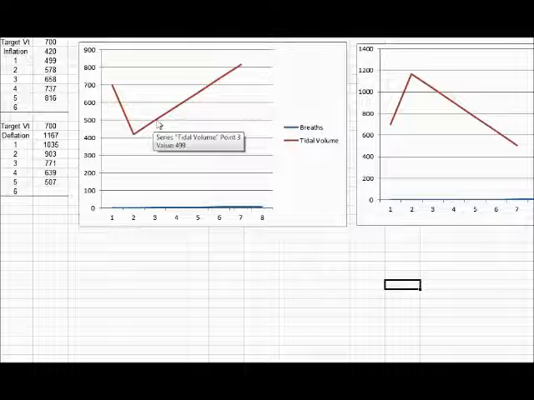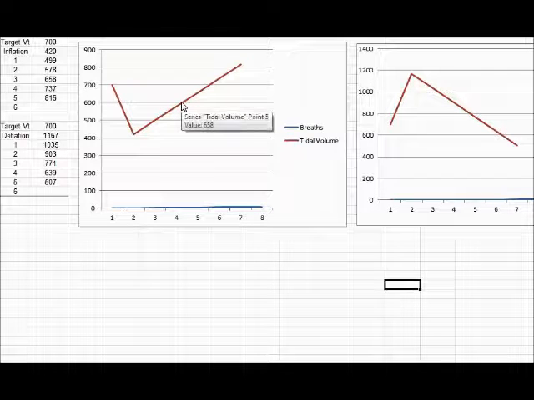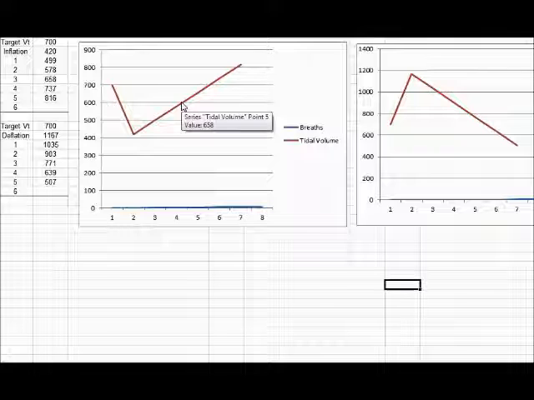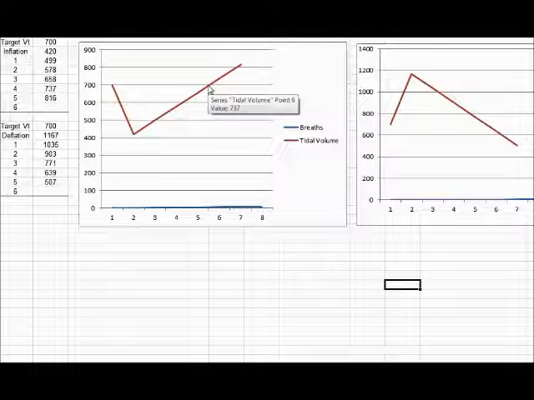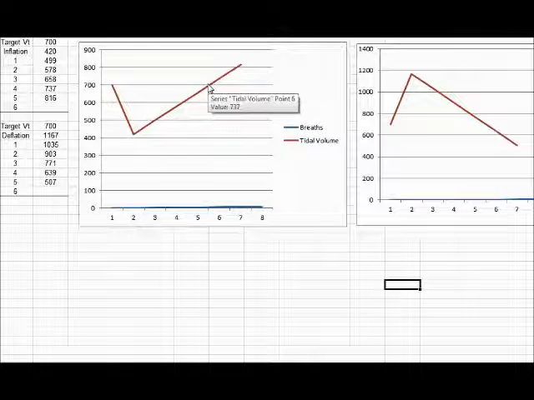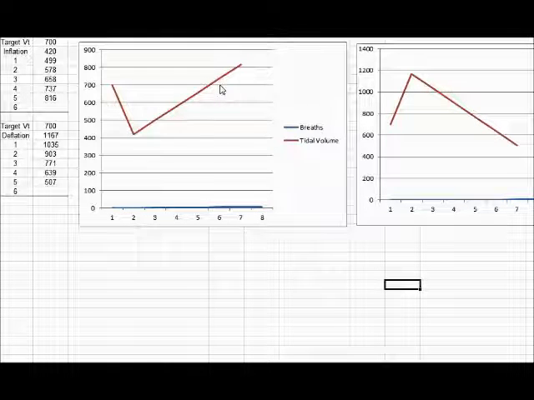It's going to give another breath, and then I get around 658. Then my next breath, I'm going to get 737, and it might just stay at this and probably will not give another breath. So there's a lag of about 5 breaths before I get back to my tidal volume target.